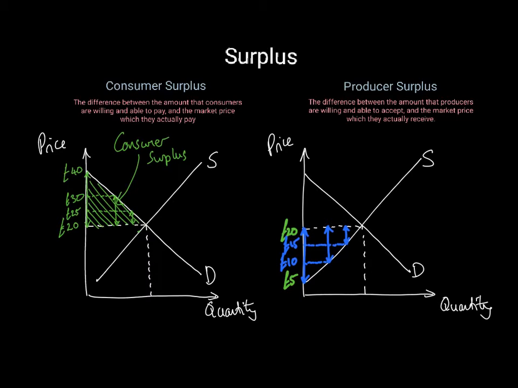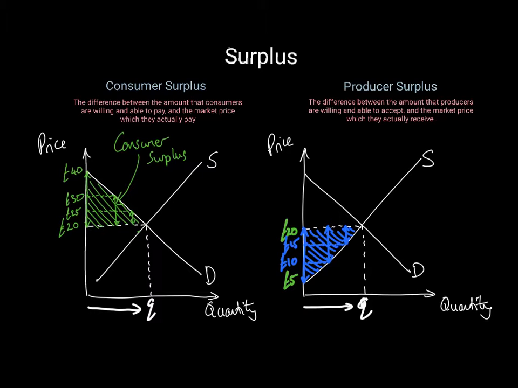And again, as you can see here, what we're doing is creating a shaded area underneath the line, like this, underneath the market price. So what we end up with then is a situation where we know that in a free market we will end up with Q amount of the good being bought and sold, and in that amount there will be some consumers who are getting extra benefit that they're not having to pay for.